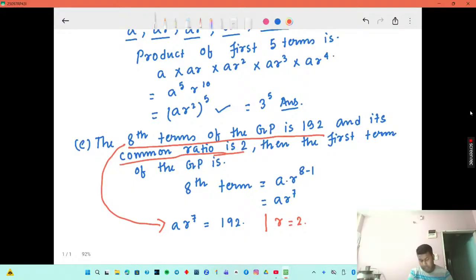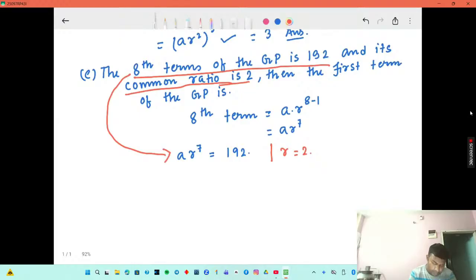So now we will put the value of r in this equation and find the value of a from it. It is a very easy question. We will just put the value of r in a into r to the power 7 and find the value of a. Is it clear? So a into 2 to the power 7 is equal to 192.